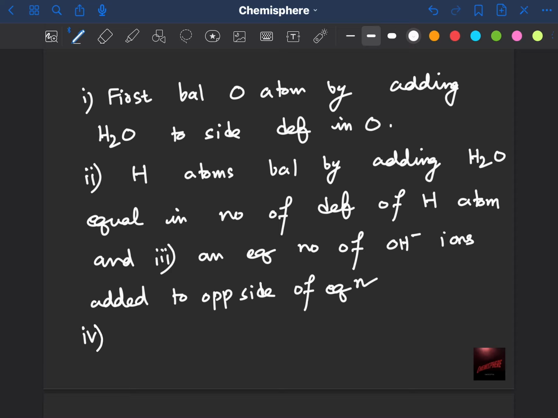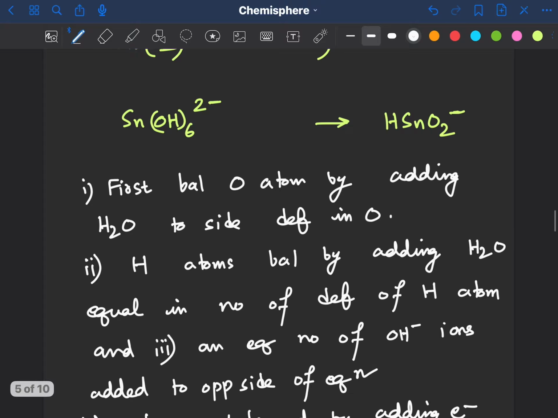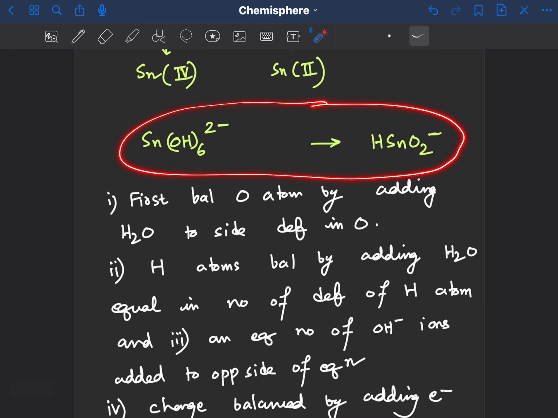And the last step is, if there is any charge imbalance, charge is balanced by adding electrons, okay? So following these rules, let's try to balance this ionic reaction.